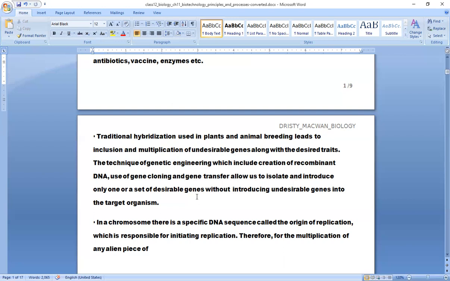But before transferring to that particular host body, first you need to isolate it from the organism or microorganism. From the cells where it is present, or whatever is its habitat, you need to extract it from the cell.